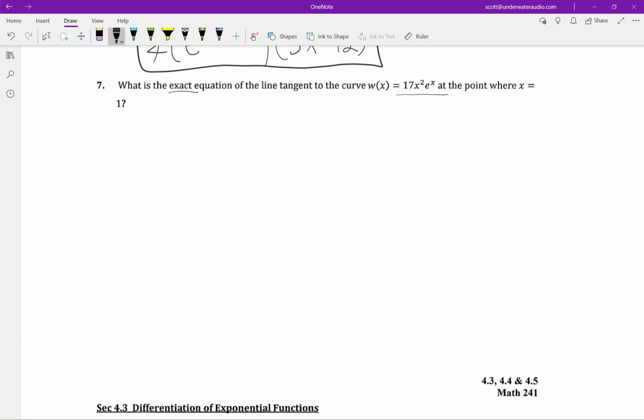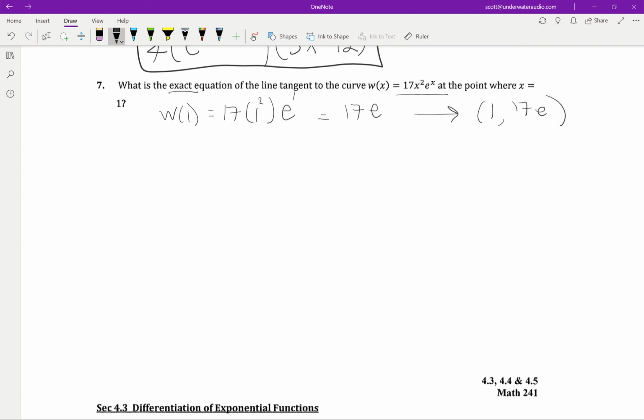To do this, I need a point on the line, so I'll start by plugging in x equals 1. W of 1 equals 17 times 1 squared e to the first power, or just 17e. So that tells me that the point (1, 17e) is on the curve.